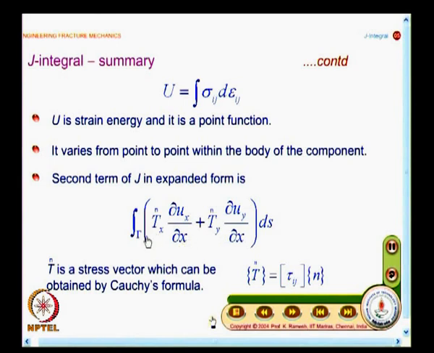Now, when you expand it, I have two terms, T n x dou u x divided by dou x plus T n y dou u y divided by dou x, and each one of these terms would be obtained from your Cauchy's formula. So, when you solve a problem, you would know how to fill in the quantities.